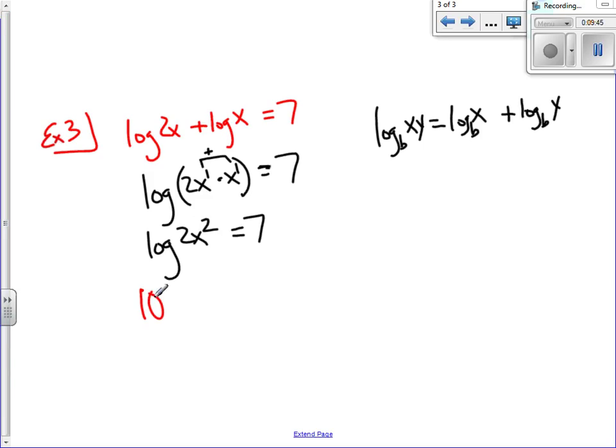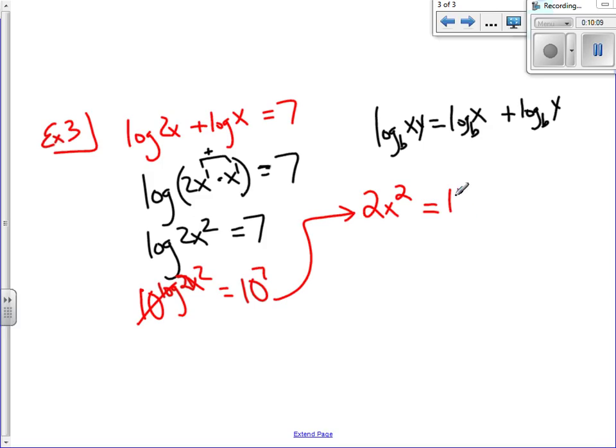We're going to go 10 to the power of log 2x squared equals 10 to the 7th. When we use 10, the log and the 10 undo each other. They go bye-bye. That's going to leave us 2x squared equals 10 to the 7th.